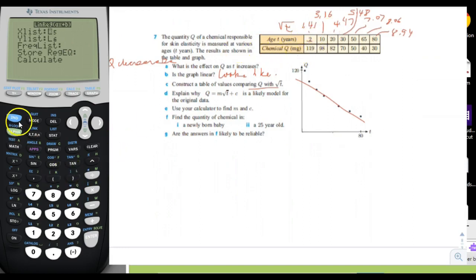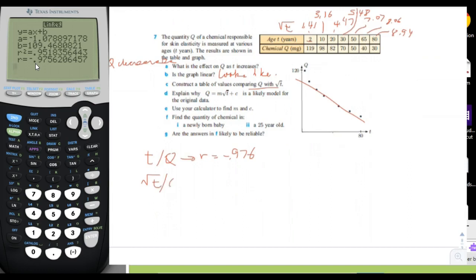Remember, this is L2. I'm going to see what the R value would be for T and Q. The R value is negative 0.976. That's pretty good.